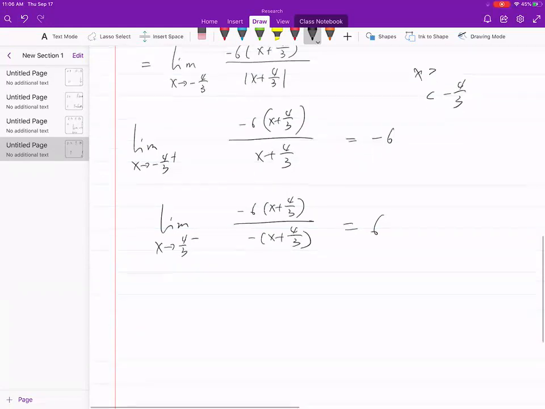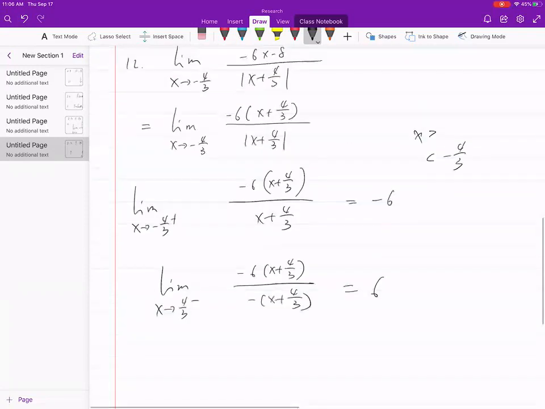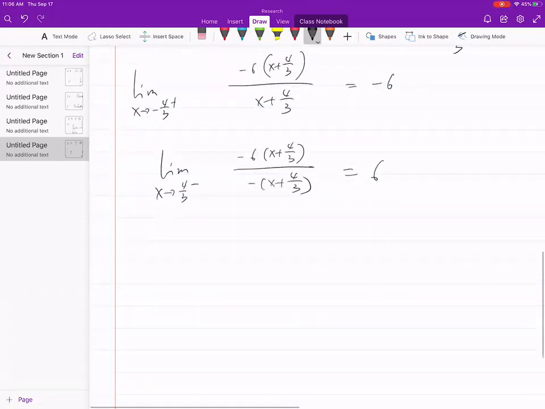Okay, then you have the right limit is -6, the left limit is 6. Are they the same? No, then does not exist. The reason is because left and right limit are not the same. You have something that looks like this, 6, -6. Okay, so no limit.